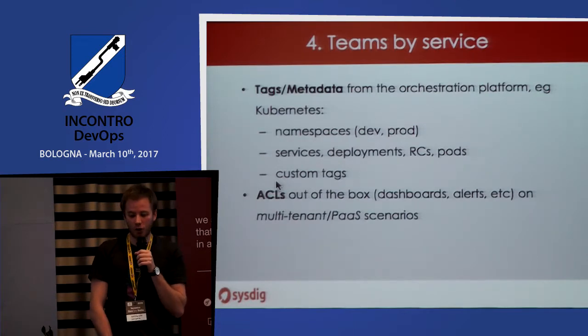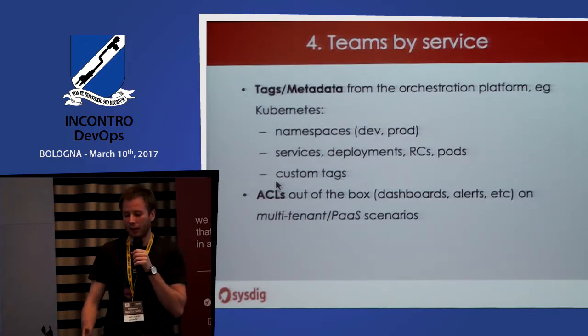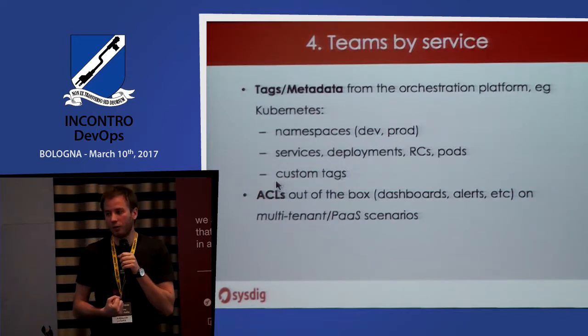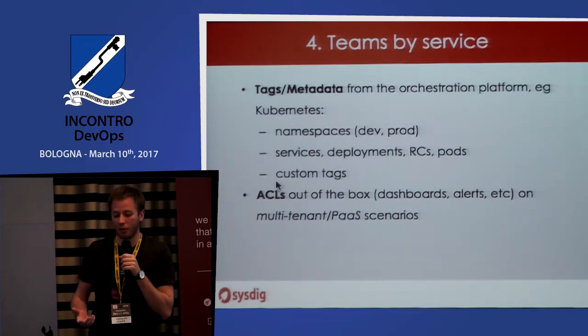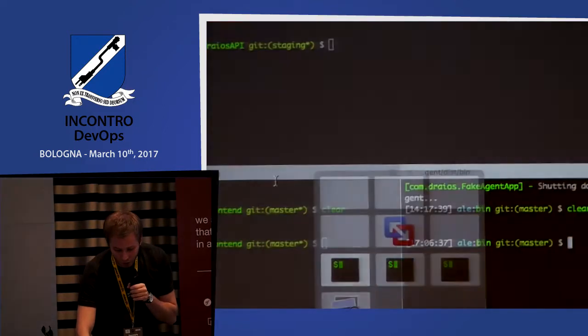We want to show some data to a team, for example. We don't want them to see other stuff because they are maybe a different customer or it is sensitive data, because extrapolating a lot of data means that you can really know a lot about what's going on in that machine, and maybe those containers are not even yours. So this could cause a lot of issues.